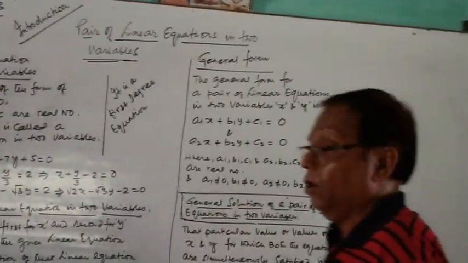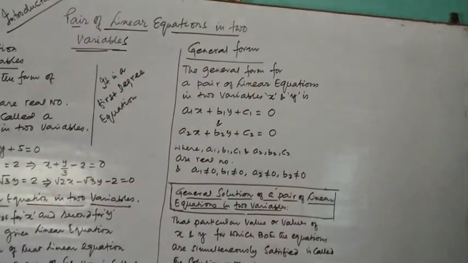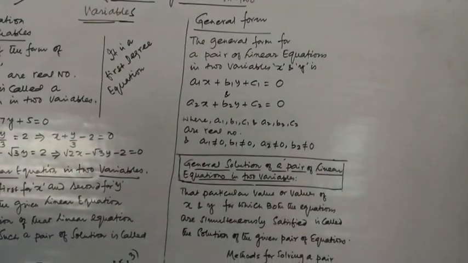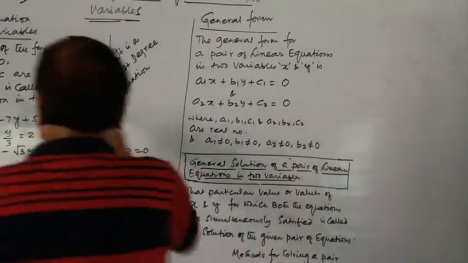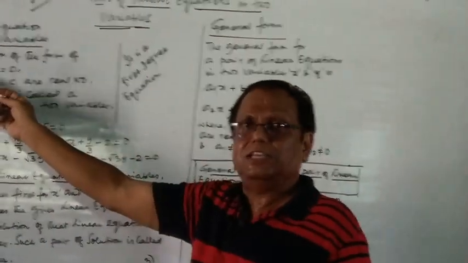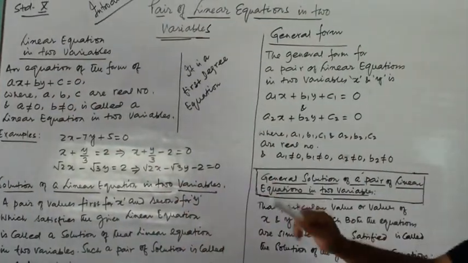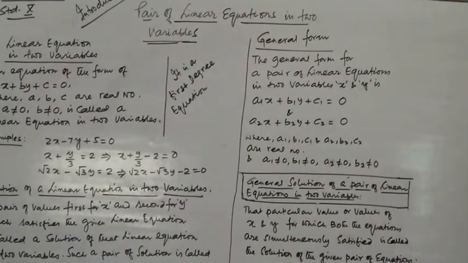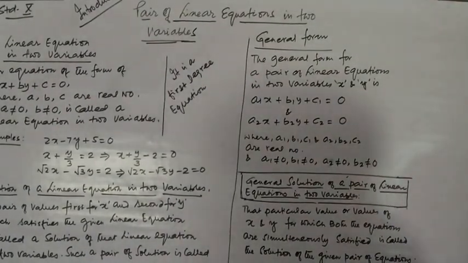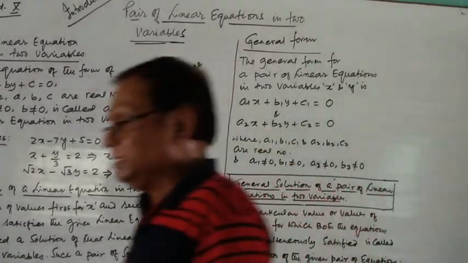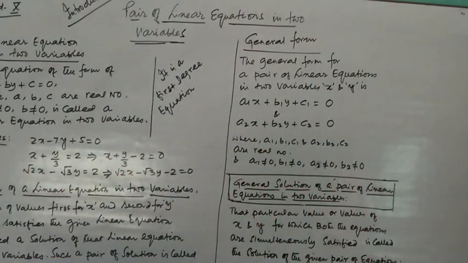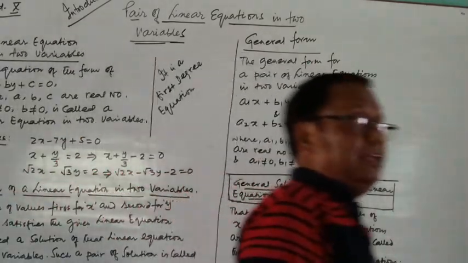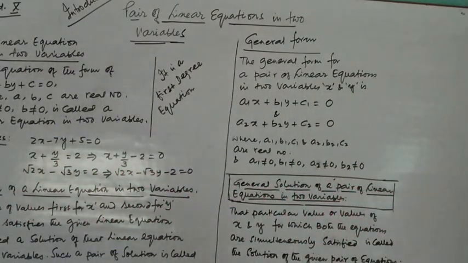Next, after discussing the solution, we come to the general form of a linear equation in two variables, or the standard form of a linear equation in two variables. As I have written over here, this is the general form or the standard form. We will be given two linear equations, which is known as a system of linear equations, or a pair of linear equations.